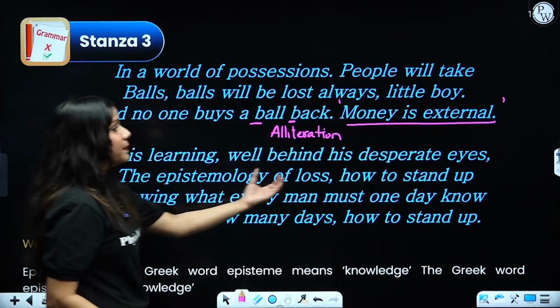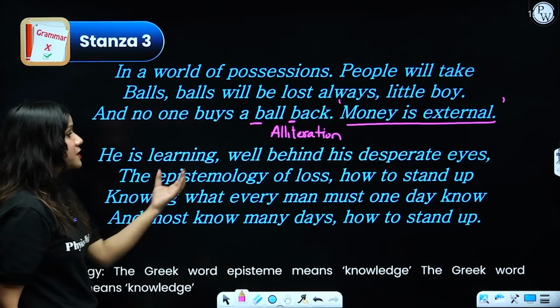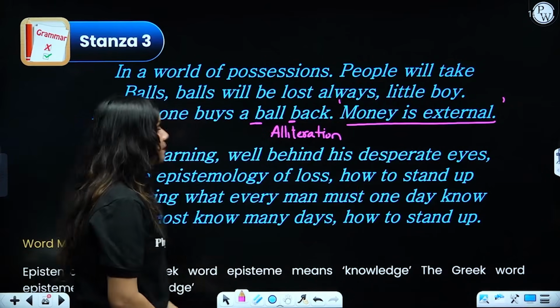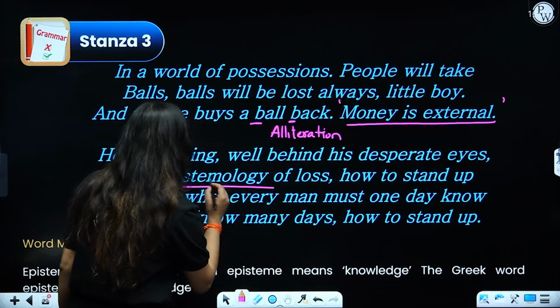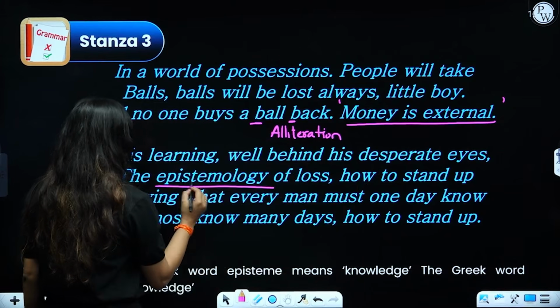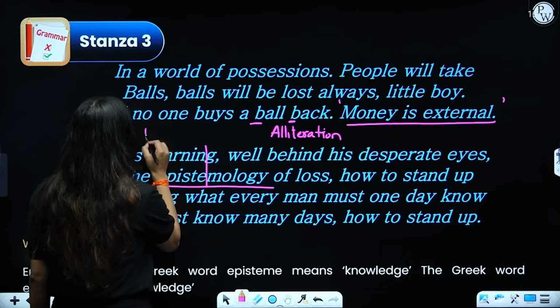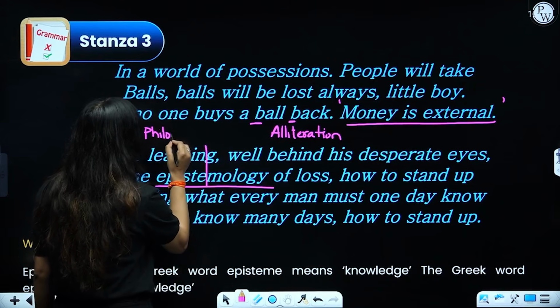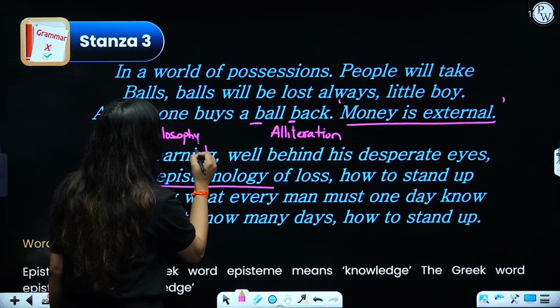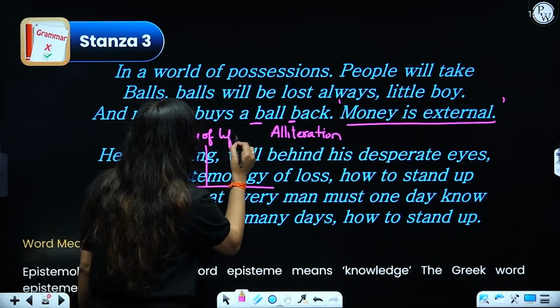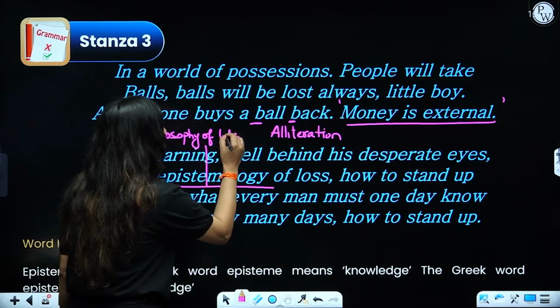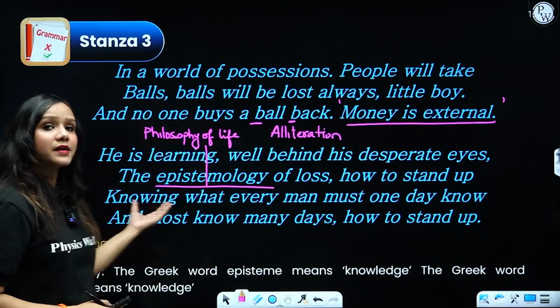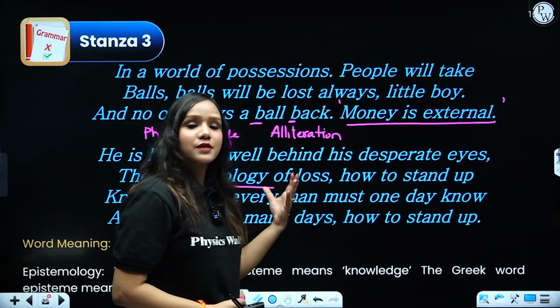He is learning well behind his desperate eyes the epistemology of love, how to stand up. Epistemology, philosophy of life. Just because the boy had inadequate knowledge about life, he's learning more at the loss of the ball.